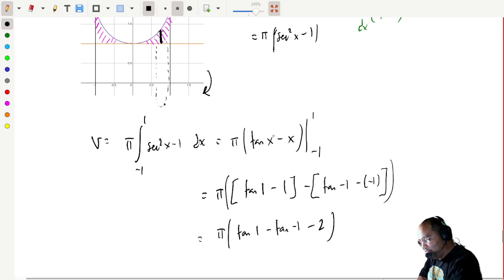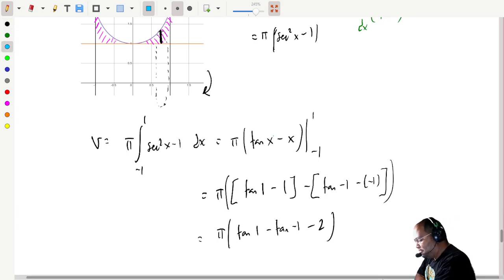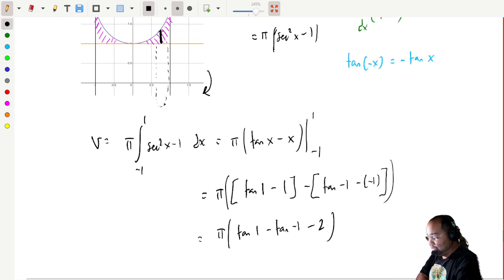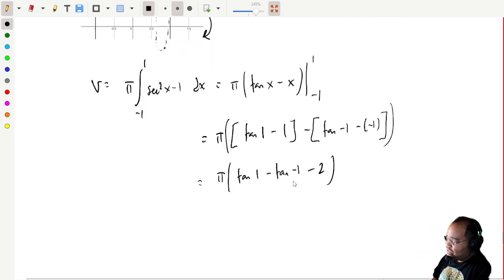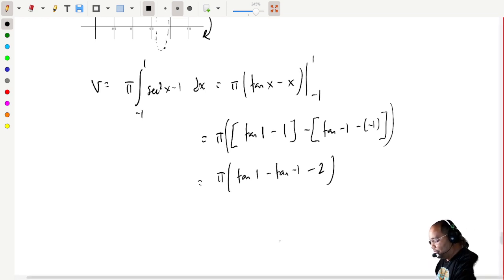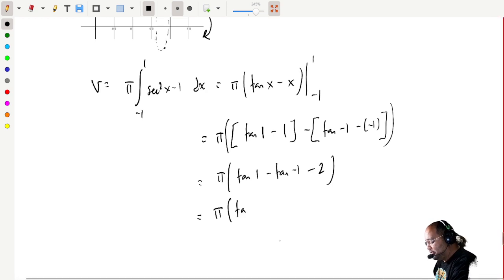But if you remember a basic thing from trig, and that's okay if you don't at the moment, tangent is an odd function, which means tangent of minus x is the same as minus tangent x. So I can use that here to write tangent of -1 as negative tangent 1. That helps me because the minus on the outside there gets absorbed into a plus.